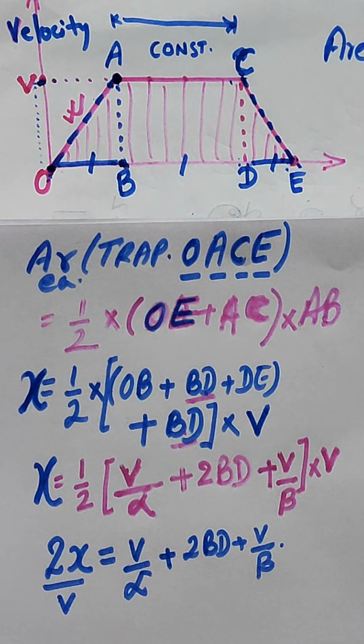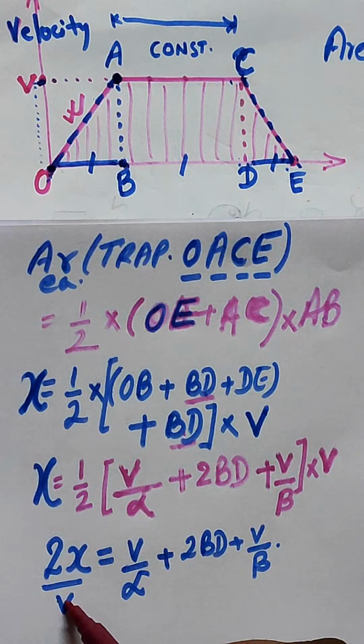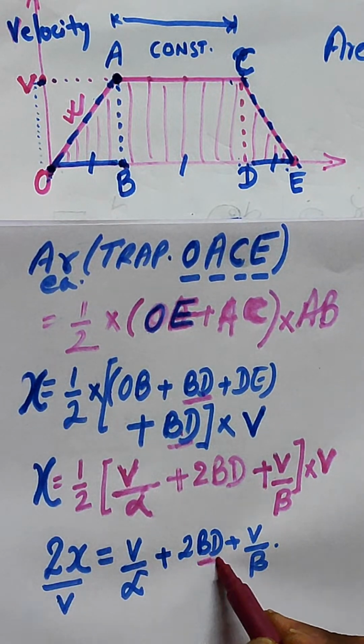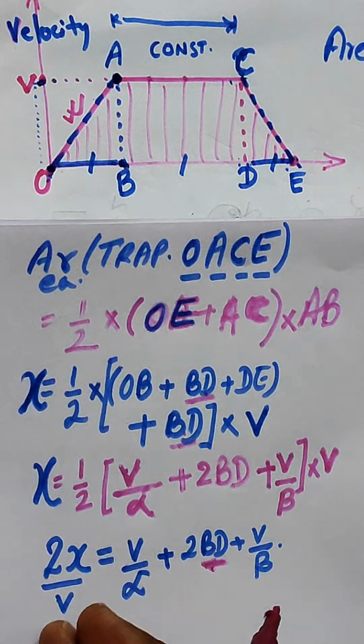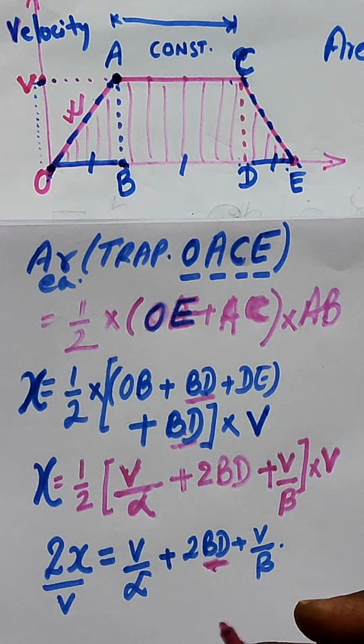Onto the next line, we can write 2X by V. Just find out the value of BD. So keep BD on one side so that other terms will be going onto the other side of the equation, right?